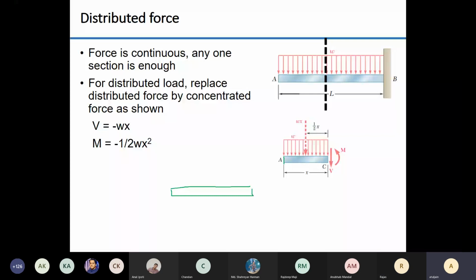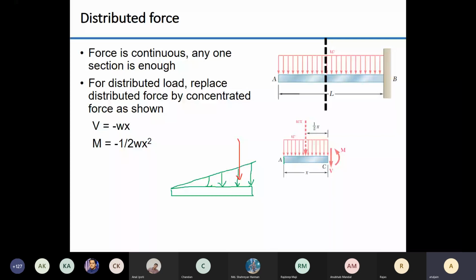So if it is like this or any other shape, not only triangular but any other shape, then this is replaced by a point load which is passing through the centroid of this shape. So for the triangle, it passes through, let us say, 2 by 3 into length x. If it was some other shape, it would always pass through the centroid, but this is just for your information only.